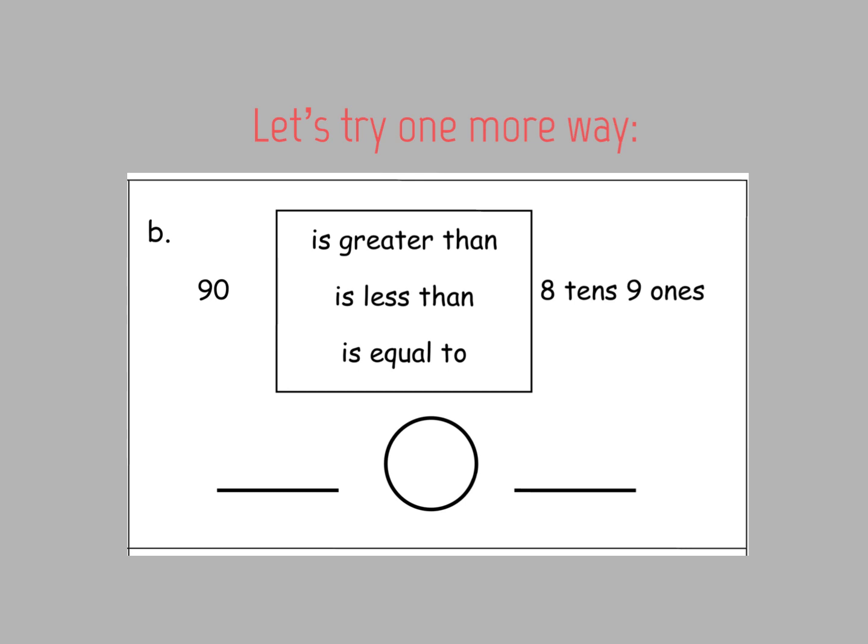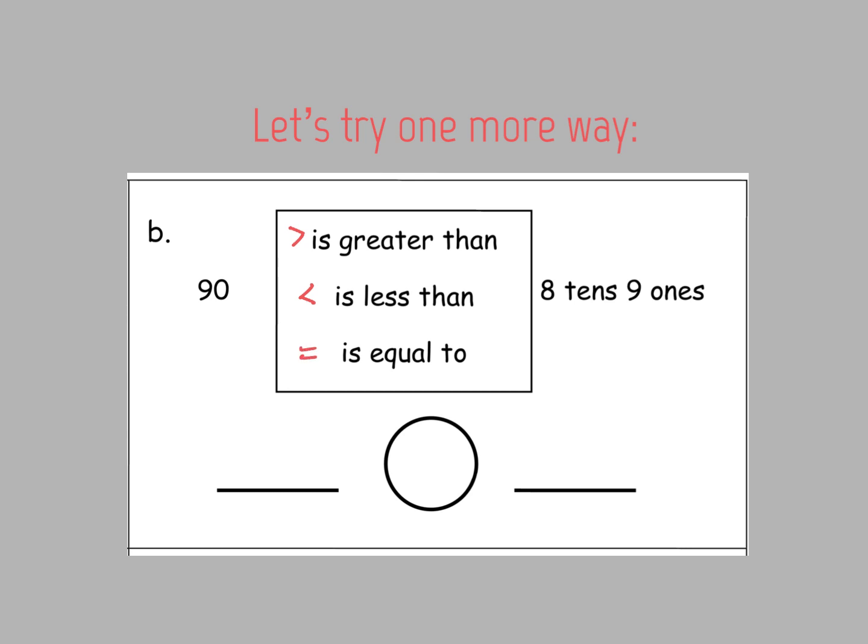And another example is with the word form of the symbols. We have the symbols greater than, less than, and equal to. Now we can write those by writing it out like this, which is greater than, this, which is less than, and this symbol, which is equal to.